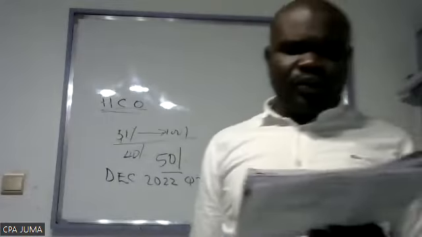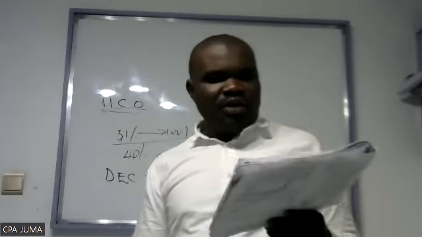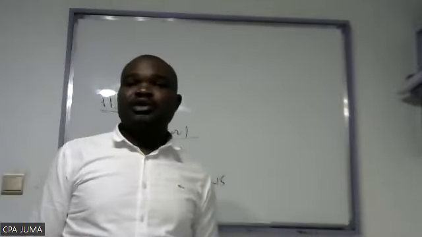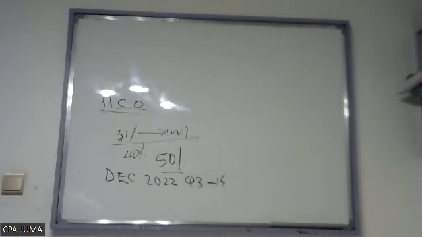In that question 3, the one for H, S, and L, I want you to check additional information number 2. Additional information number 2. I believe you are there, and you allow me to read.